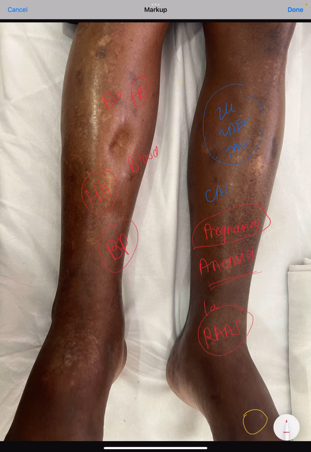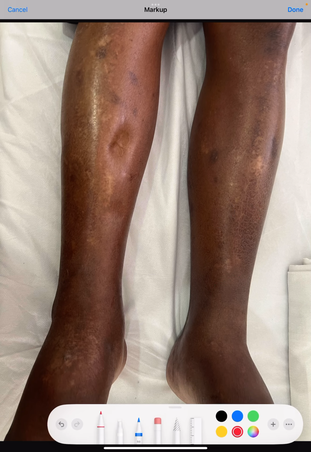So the major component of the blood is hemoglobin. So if anemia is there, if hemoglobin is less, then to maintain the blood pressure, the sodium and water retention is in excess, so the patient may present with pedal edema.